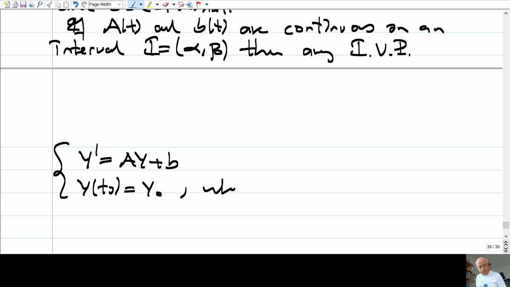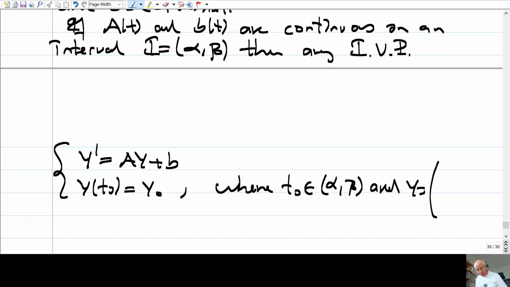where t0 is just any real number here, and y0 is any vector. Okay, any vector. Let's say y1(0), ..., yn(0). Okay, any vector.